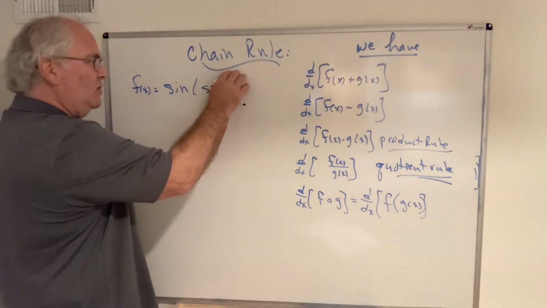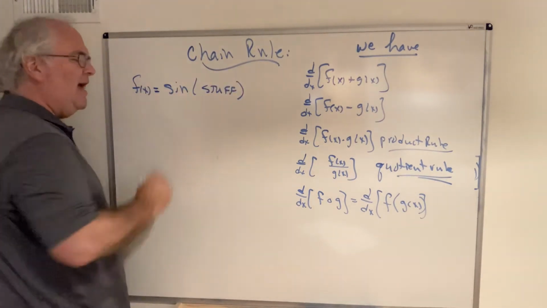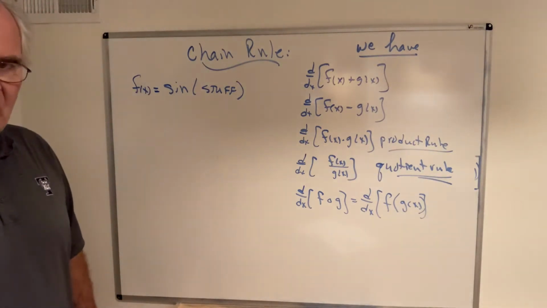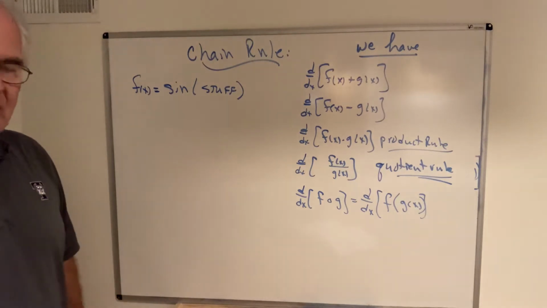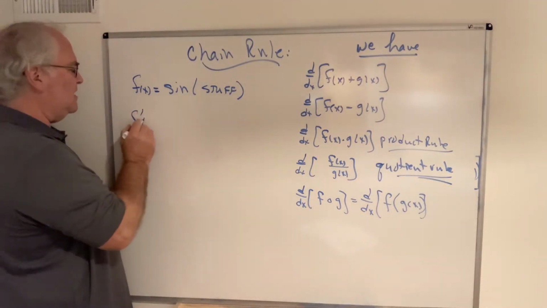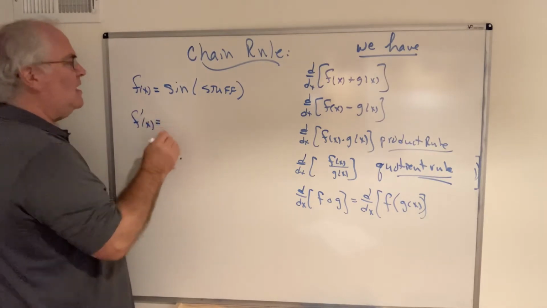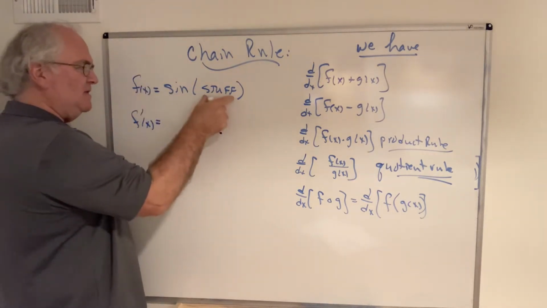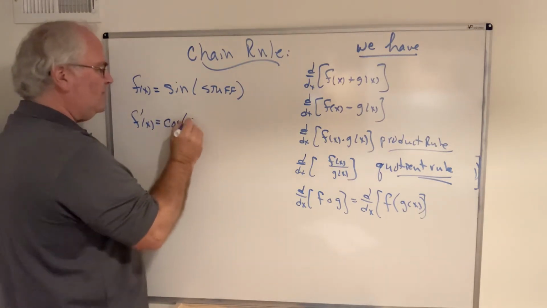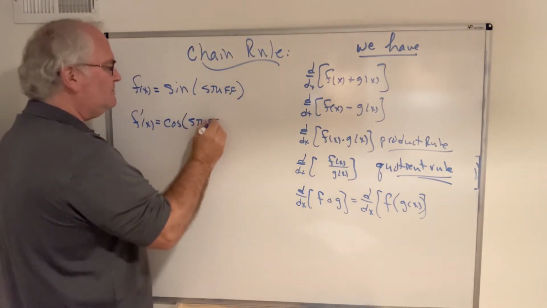This is the chain rule in action. I'll just illustrate, and then after we get used to using it, if we like, we can go through and talk about a proof of why this works the way it does. But in terms of just how this works, the derivative of sine of some stuff is cosine of the stuff.